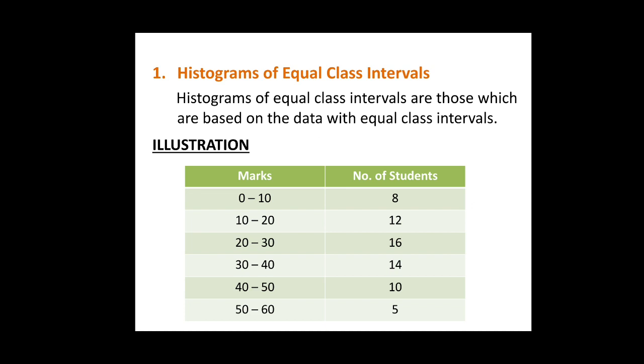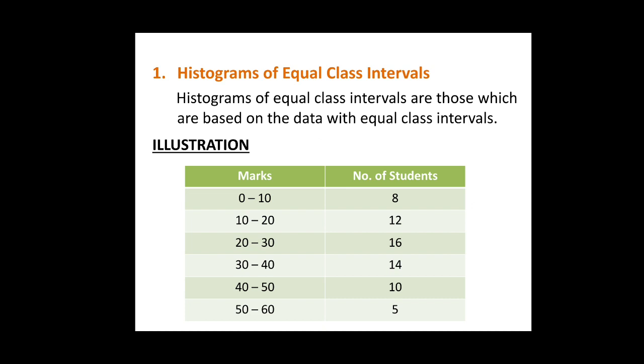Students, histograms of equal class intervals are those which are based on the data with equal class intervals. A statistical series with equal class intervals would make a histogram including rectangles of equal width. However, height of rectangles would be different. It would be in proportion to the class frequencies.